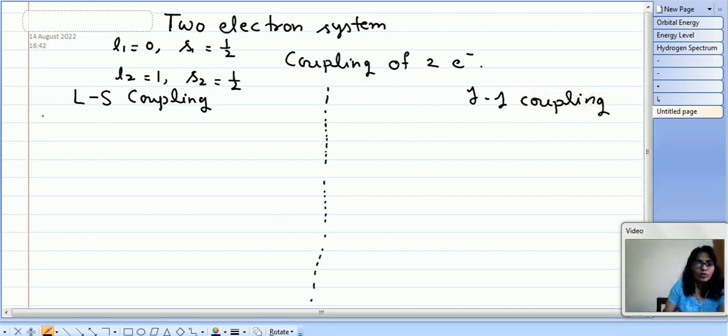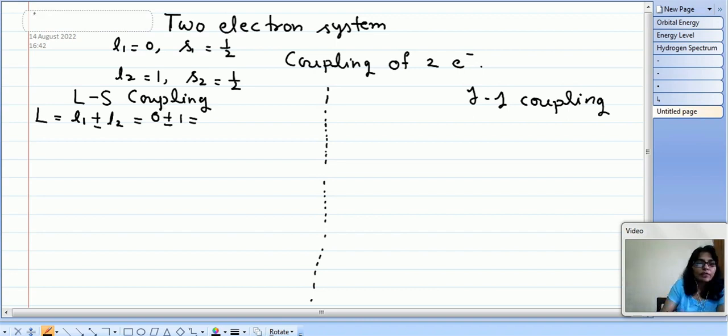So what we are going to do here, first let us calculate the capital L, which is L1 plus minus L2. So it is 0 plus minus 1. One more thing one should keep in mind is that in quantum number addition, if I write 0 plus minus 1 or if I write 1 plus minus 0, that is the same thing.